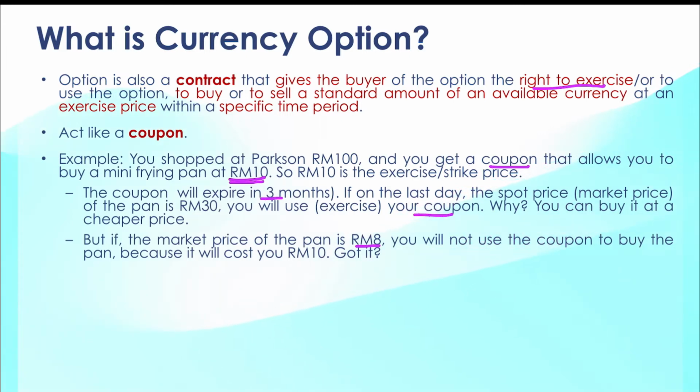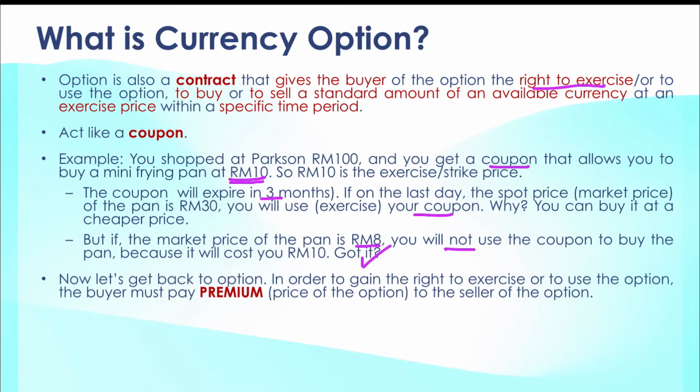Yes, you will not use the coupon, because if you use the coupon, you have to pay 10 ringgit, and if you buy at the market price, you only pay 8 ringgit. So in this kind of situation, you will not exercise or use the option to buy the pan. Got it? Okay, so let's get back to the option.